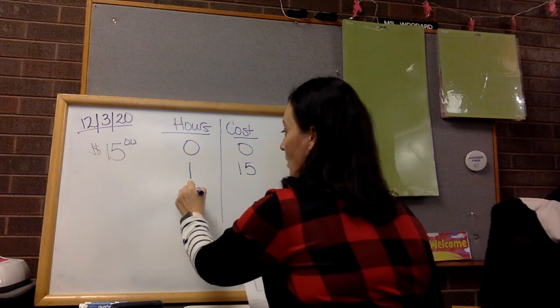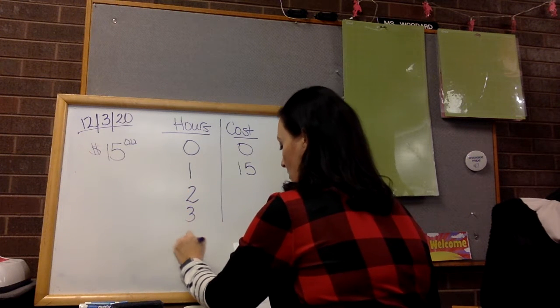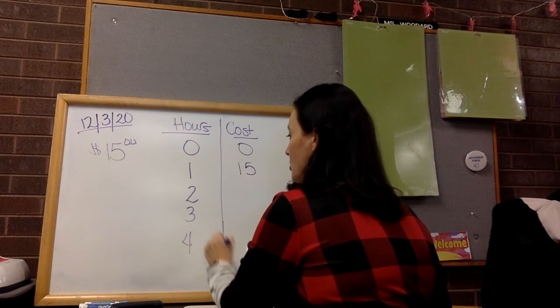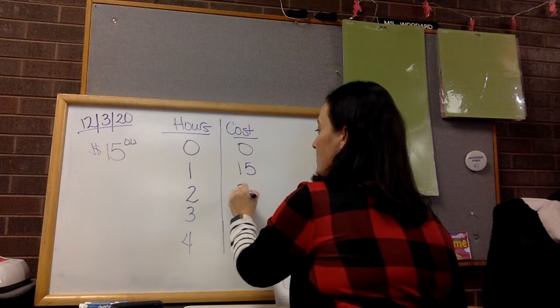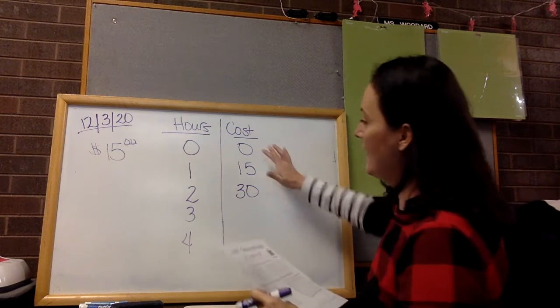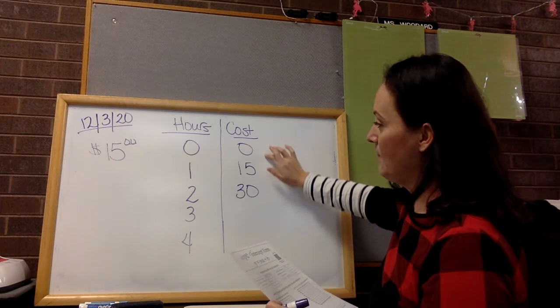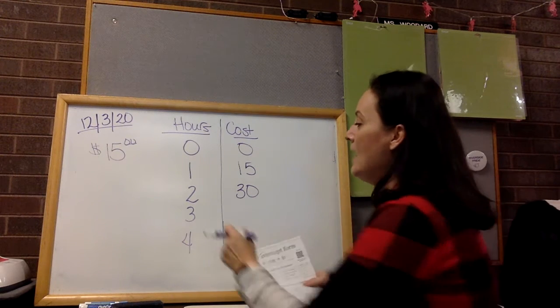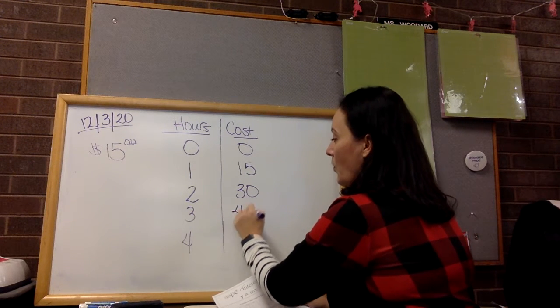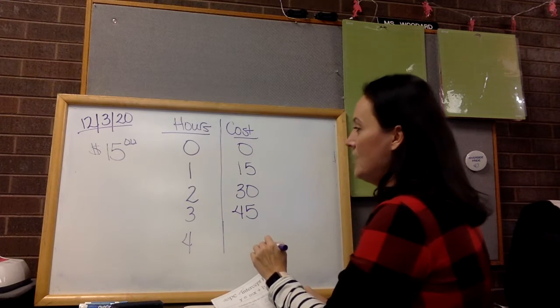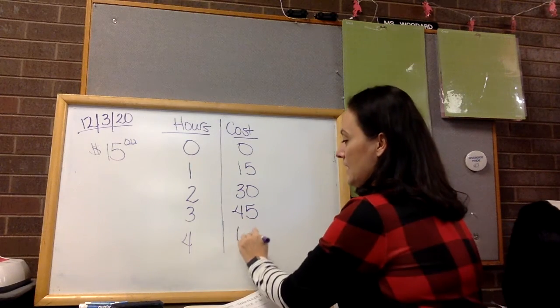Now we jump down on our table to 2, 3, and 4 hours. If she did 2 hours, it would be $30. We're seeing this is raising by 15 and then another 15. If she did 3 hours, it would be $45, and if she did 4 hours, it would be $60.